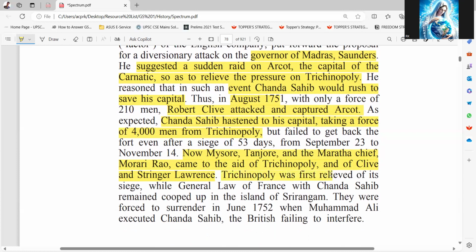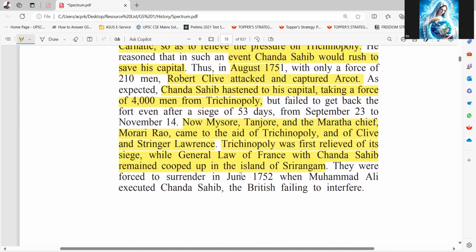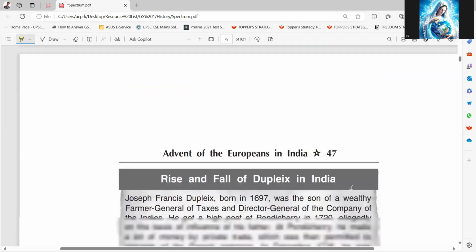Trichinopoly was first relieved of its siege, while General Law of France with Chanda Sahib remained cooped up in the island of Sri Rangam. They were forced to surrender in June 1752 when Muhammad Ali executed Chanda Sahib, the British failing to interfere.